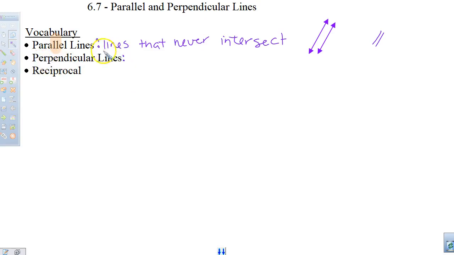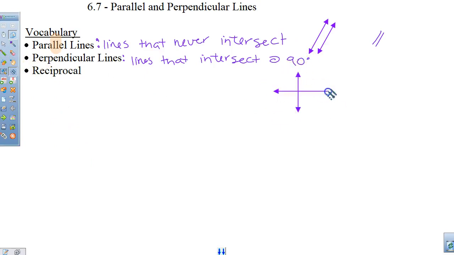And our second vocabulary word is perpendicular lines. Perpendicular lines are lines that intersect at 90 degrees. So perpendicular lines create a 90-degree angle, and we use a box to represent a 90-degree angle.